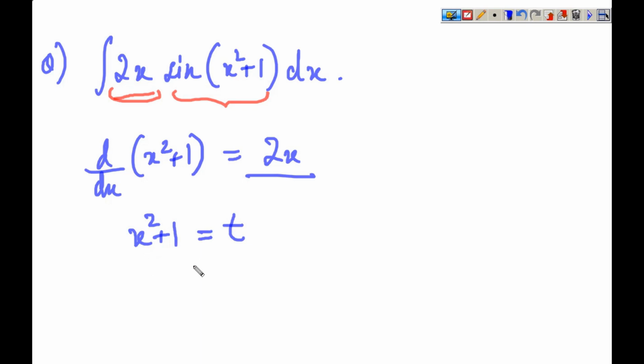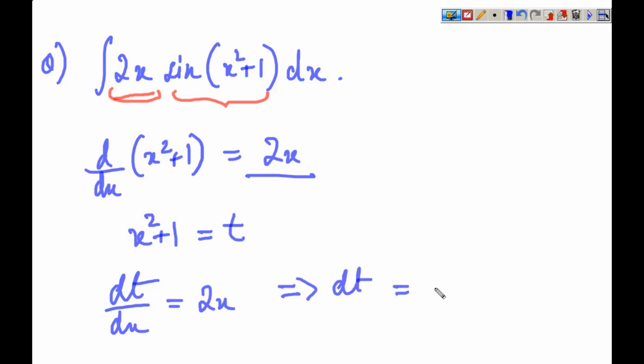So this is the substitution. I've substituted t in place of x squared plus 1, and then if I do dt by dx, I'll get 2x, which implies that dt equals 2x dx.